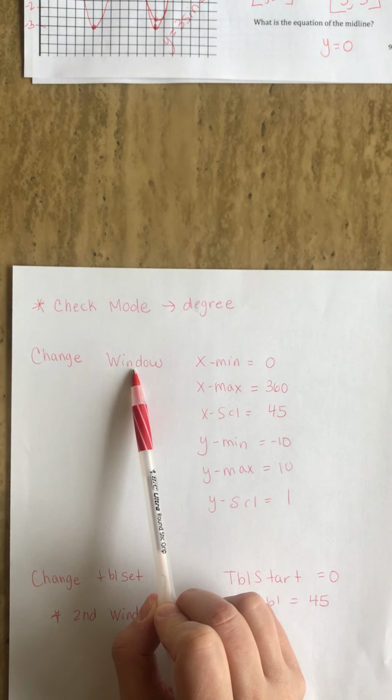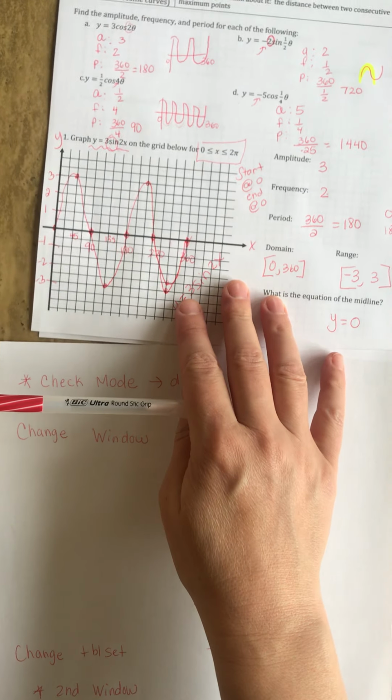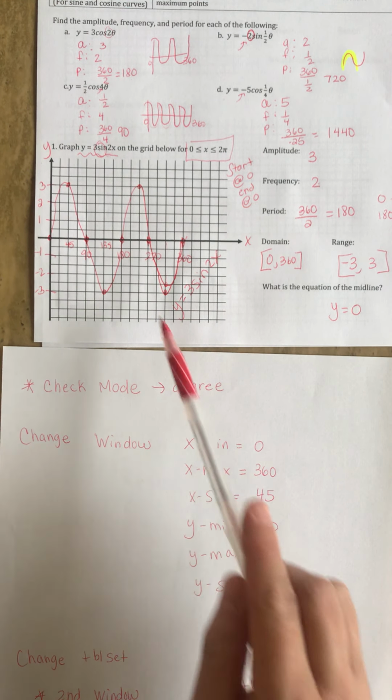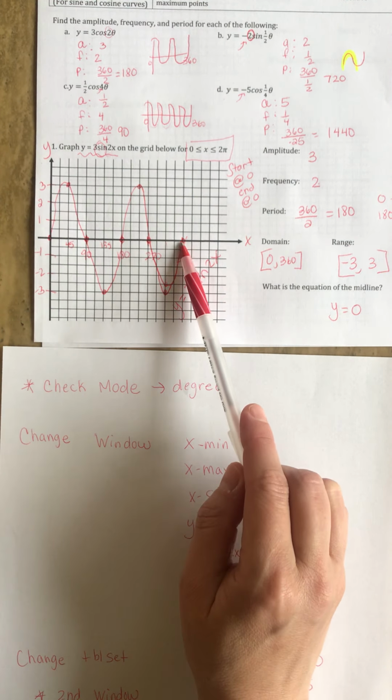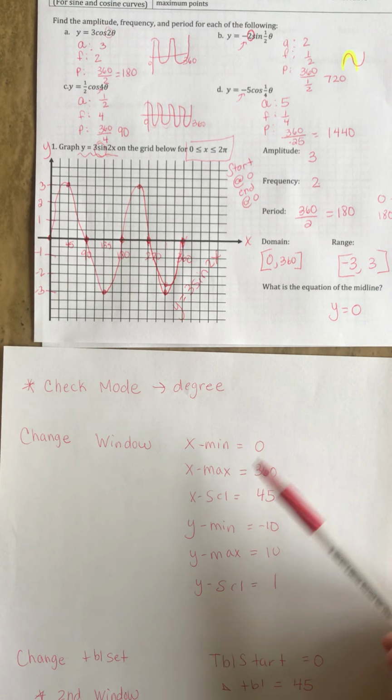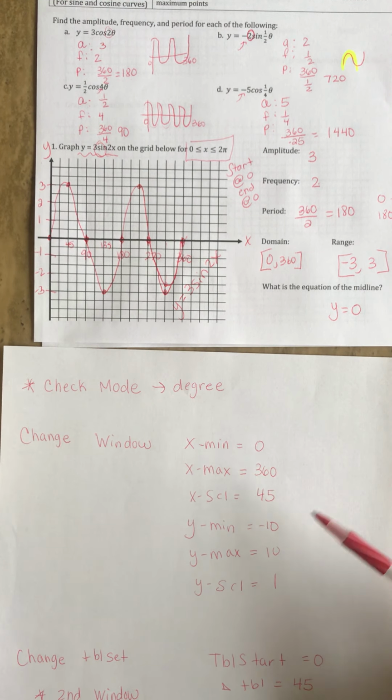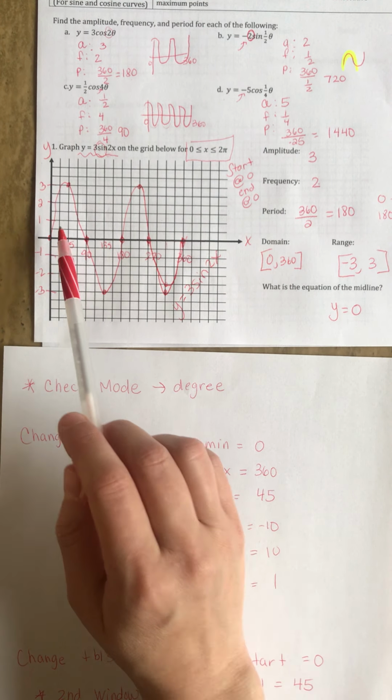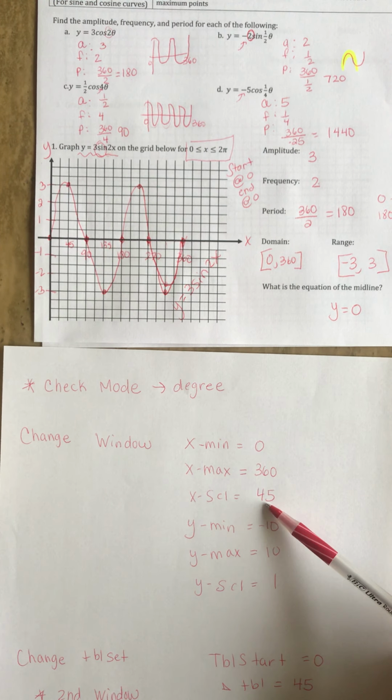The next thing we have to do is change our window. You can clearly see that on the X, we're going from 0 to 360. So you have to change your X min to 0 and your X max to 360. Your X scale, that's the scale that you want to go up by, I would keep at 45.